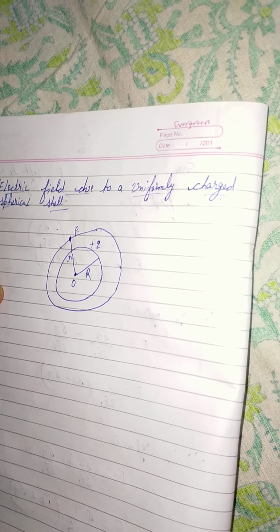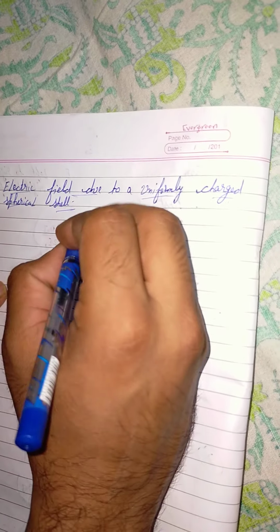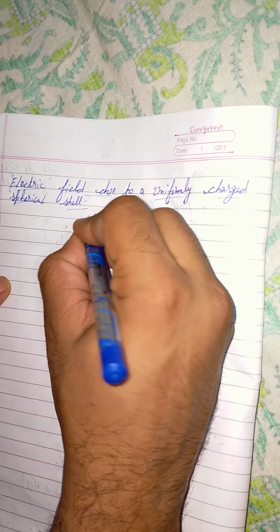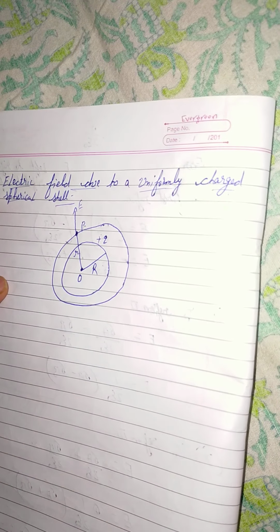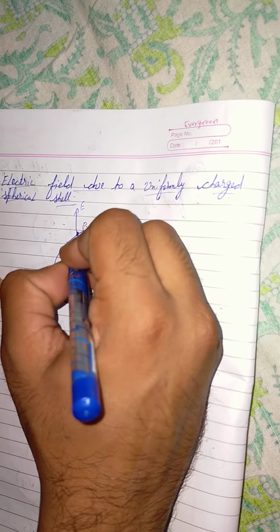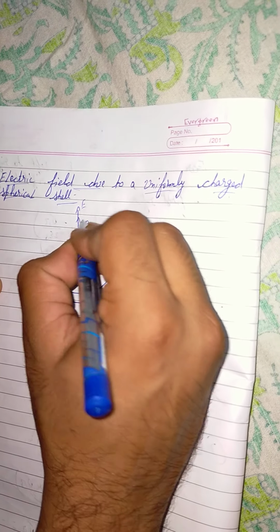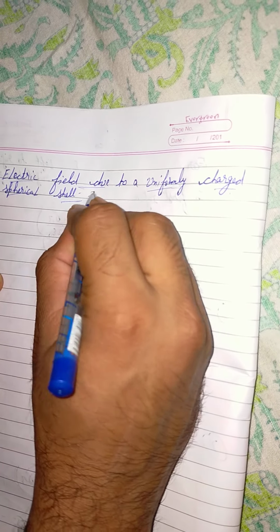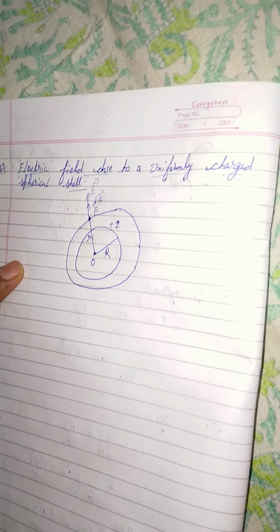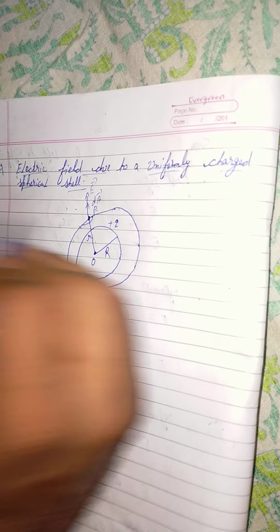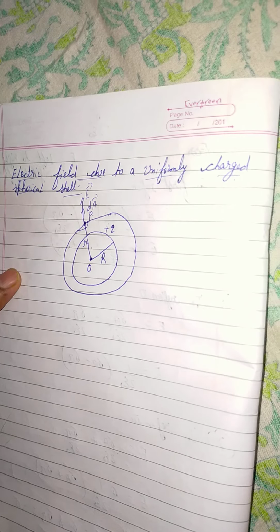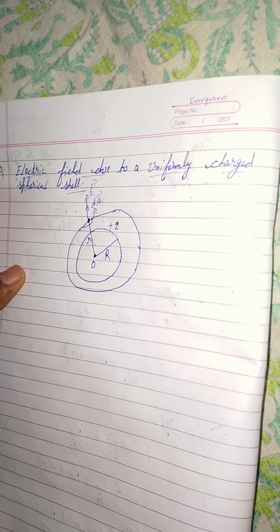From the positive charge the electric field is moving away, and the area vector is also in the outside direction, so the angle between the area vector and the electric field is 0.